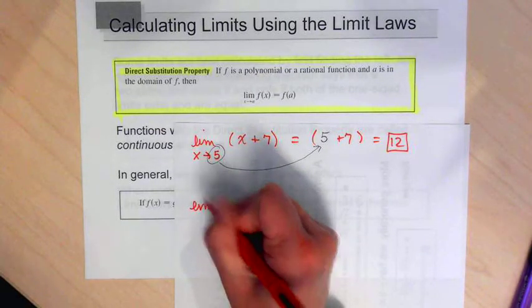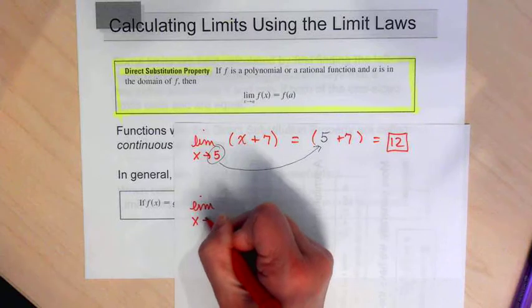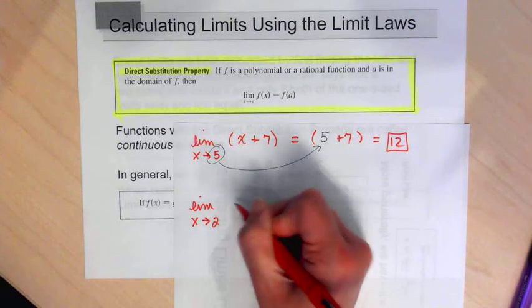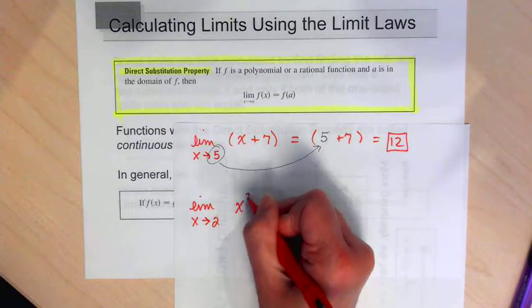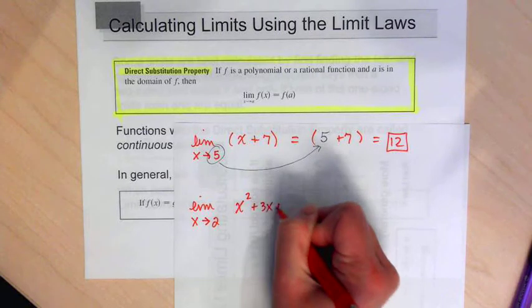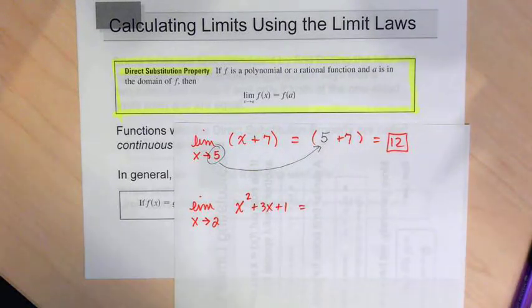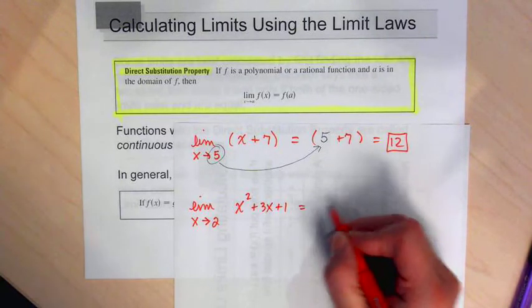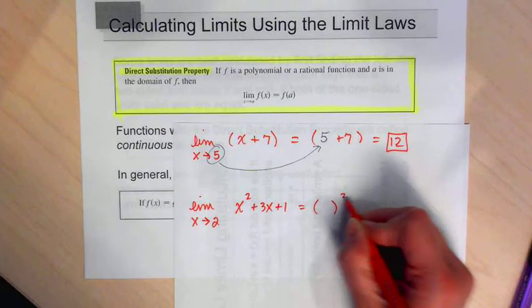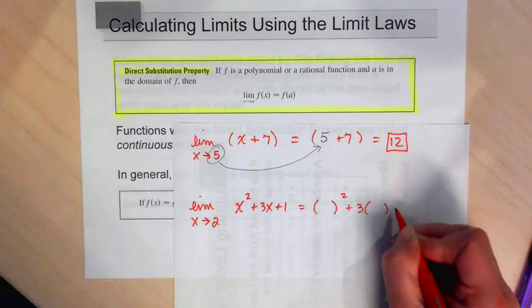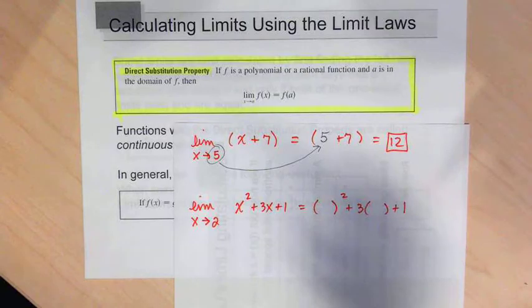You can often evaluate a limit with the direct substitution property. So again, we're going to replace every x with 2.